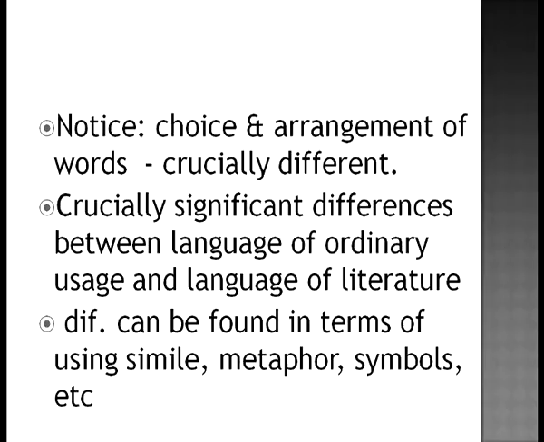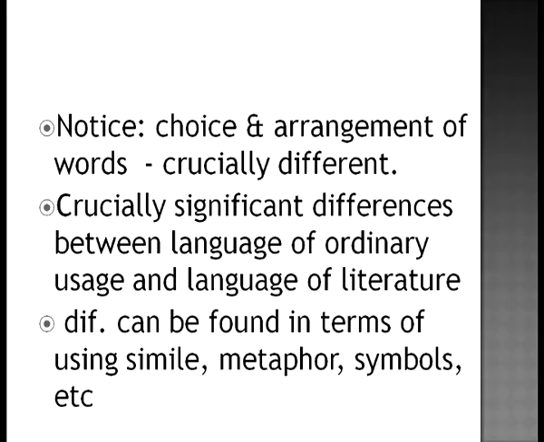Here, what is to be noted is the choice and arrangement of words. The choice and arrangement of words in such an expression is crucially different. Crucially significant differences between the language of ordinary usage and the language of literature are of primary importance.